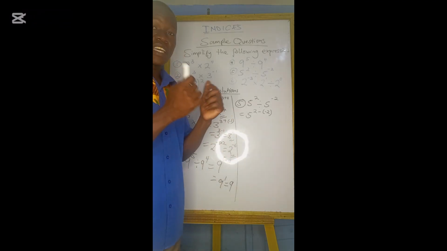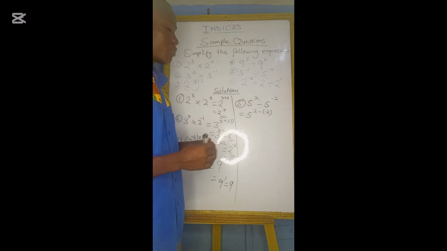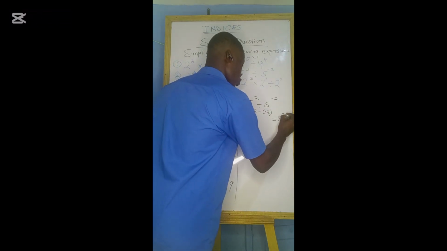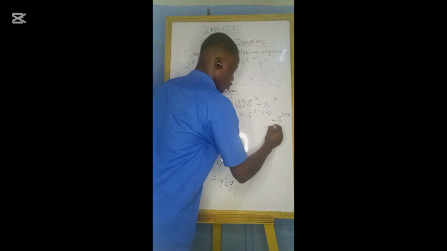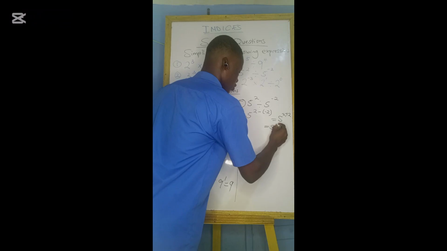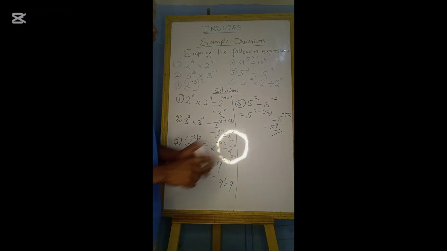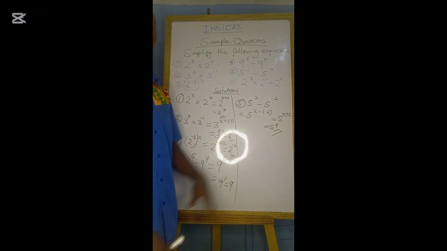So when we have negative signs coming together, they turn to positive. So negative multiply negative, you get positive. So this one will give you 5 raised to the power 2 plus 2. And 5 raised to the power 2 plus 2 will give you 5 raised to the power 4. That is the solution to the fifth question. 5 raised to the power 4.